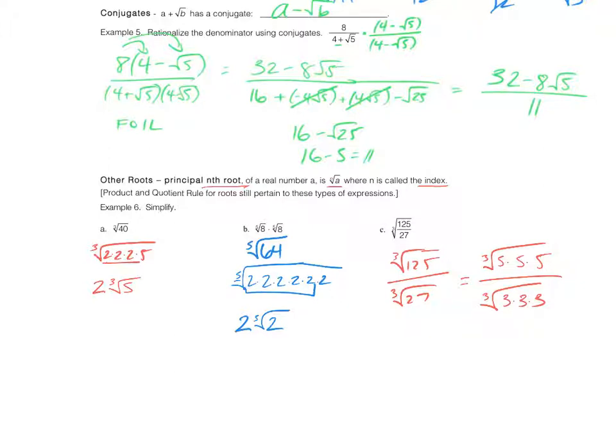Since in the numerator, 5 appears 3 times, the cube root of this is simply 5, and in the denominator, 3 appears 3 times multiplied by itself, so the cube root of 27 is just 3, so my answer is 5/3.